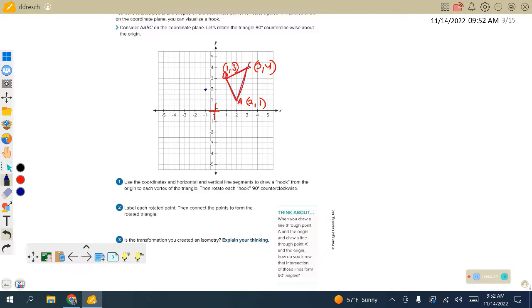That's what we'll say is A prime. B prime, did somebody land at -3, 1? And then C prime, did somebody land at -4, 3? If you can rotate that with your patty paper, we're good to go.